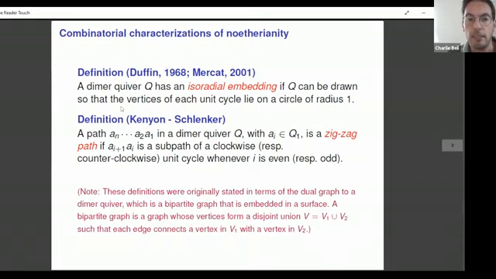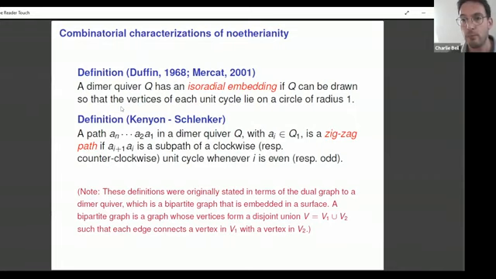So these definitions were originally stated in terms of the dual graph to a dimer quiver, which is a bipartite graph that is embedded in a surface. A bipartite graph is a graph whose vertices form a disjoint union, say V1 and V2, such that each edge connects a vertex in V1 with a vertex in V2.